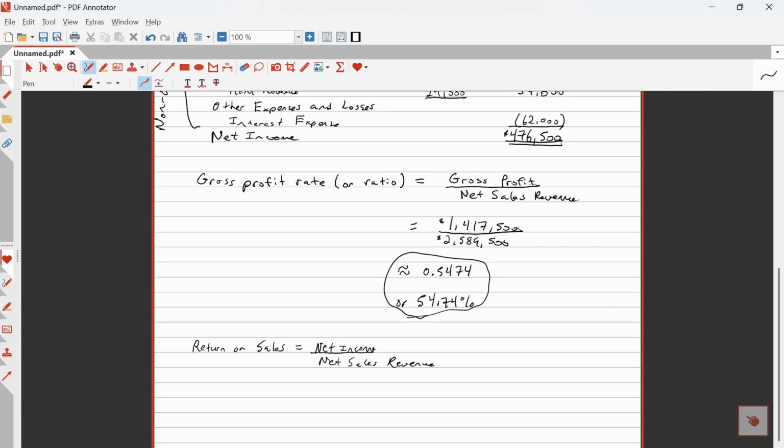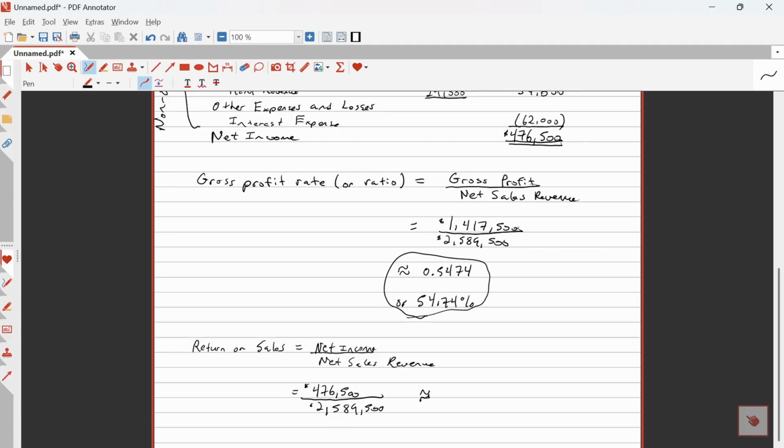In this problem, the return on sales would be this net income number of 476,500 divided by our net sales of 2.589 million.